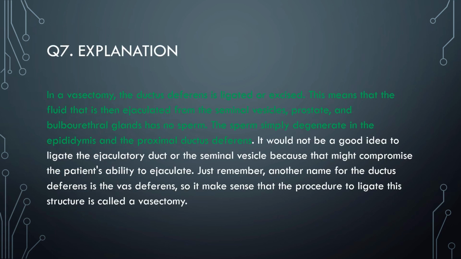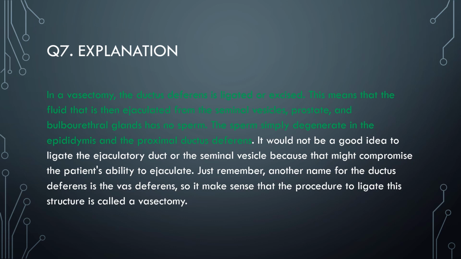Why? In a vasectomy, the ductus deferens is ligated or excised. This means that the fluid that is then ejaculated from the seminal vesicles, prostate, and bulbourethral gland, also called Cowper's gland, has no sperm.